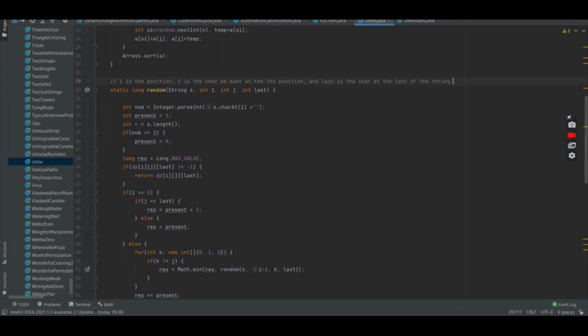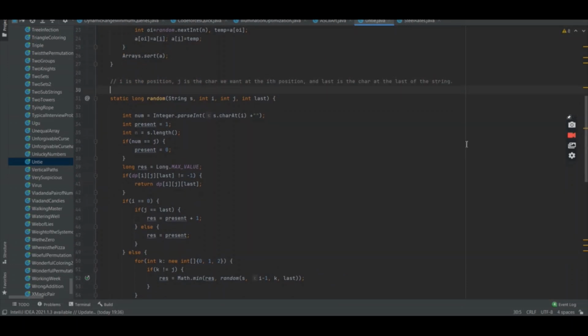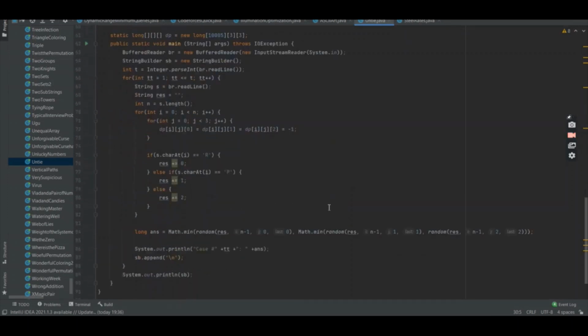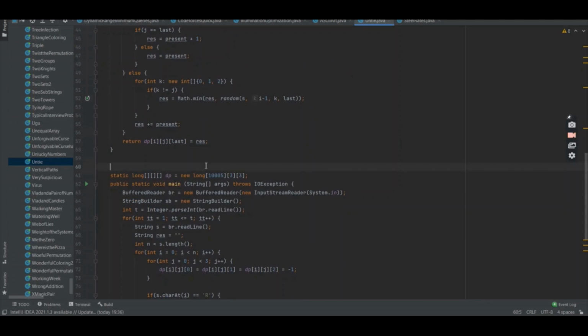Now let's see why I used the last pointer here. Storing last is important because in DP we move from a larger state to a smaller state. When I is n, you are going to move to n minus 1, then n minus 2, and eventually you will go to the first position.